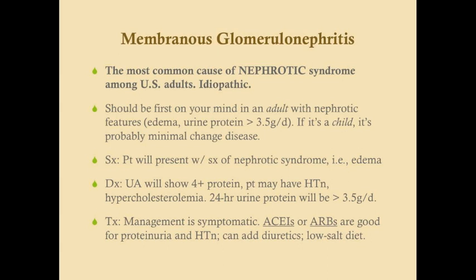We can add diuretics to drain their edema, and then just keep them on a low salt diet while they're dealing with this. And this will eventually clear up. Now, if the patient is an adult, membranous glomerulonephritis is well and good. But if the patient is a child, what should be at the front of your mind should be minimal change disease. We'll talk about that later.